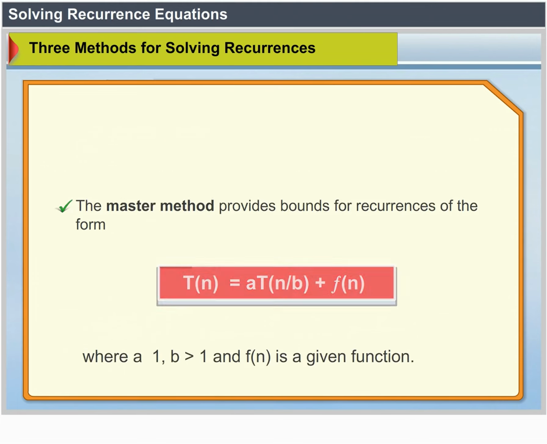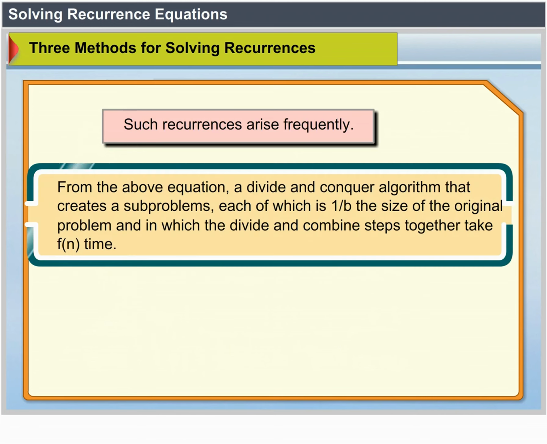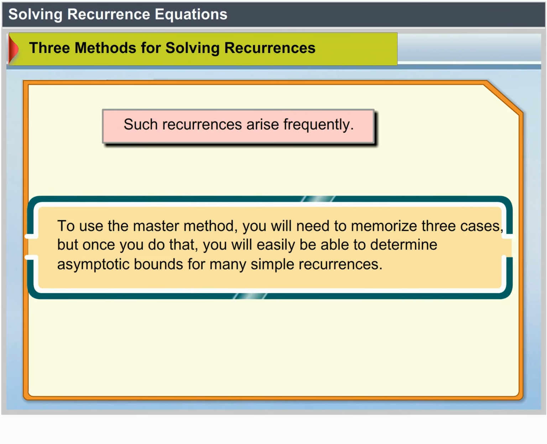Such recurrences arise frequently from a divide and conquer algorithm that creates a subproblems, each of which is 1 by b the size of the original problem, and in which the divide and combine steps together take f of n time. To use the master method, you will need to memorize 3 cases. But once you do that, you will easily be able to determine asymptotic bounds for many simple recurrences.